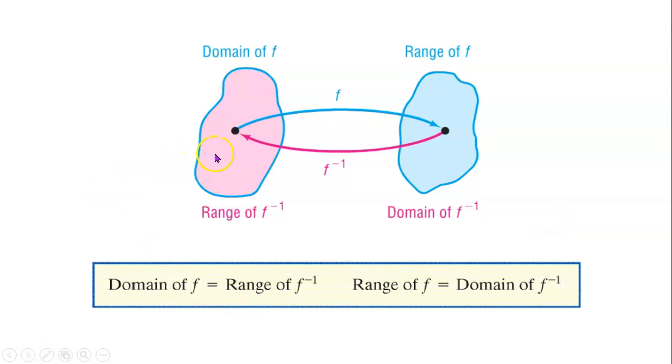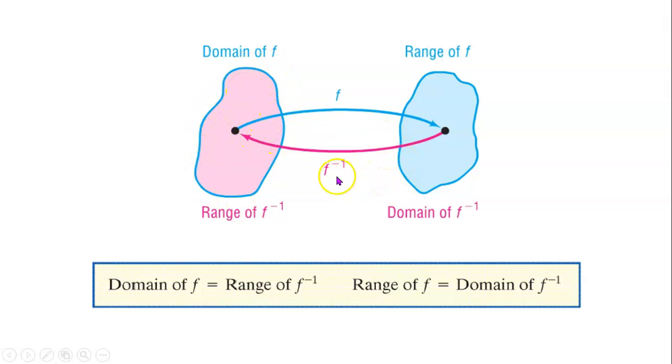Now notice the numbers you plug into f are the domain of f, and the numbers you get out of f are the range of f. Then the function that undoes that and takes you back where you started takes numbers from the range of your original function and takes you to the domain of that function.